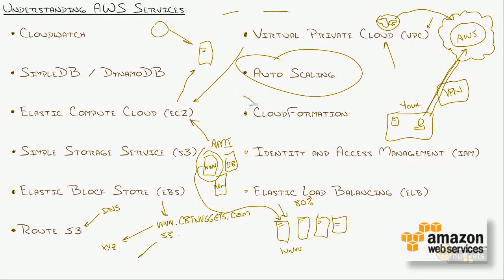But with CloudFormation, I can create, get this, a template of templates. So maybe I know to run a full-blown site for my business, I need 2 web servers, a Windows server, and a pair of database servers. Well, I can create that using CloudFormation.